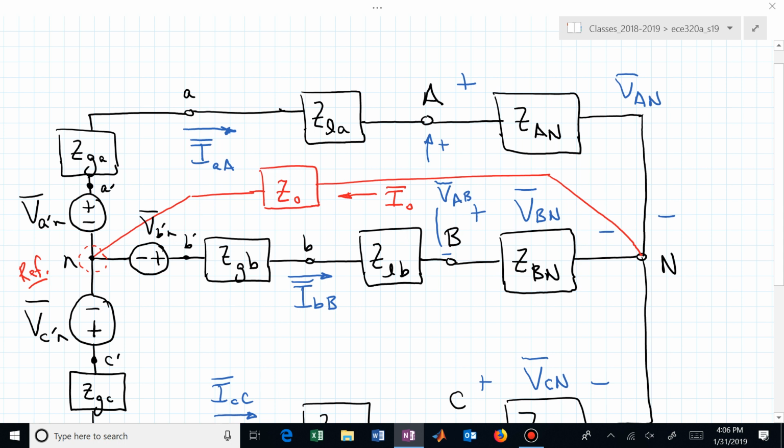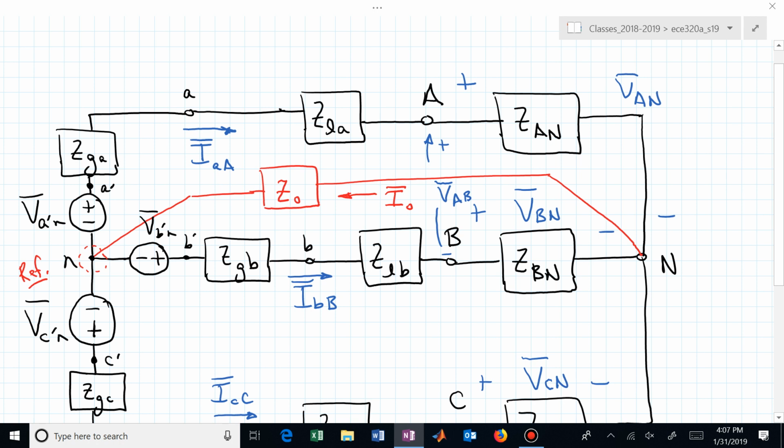You could start by using the current from AA and voltage from A to B line. So now, which voltage do I use? I like the I sub AA. That's in the A phase. That's going to pass through that Z sub AN, the A phase load impedance. But now, if I want the complex power of the A phase, what voltage do I use? Do I use V sub AB or do I use V sub AN?